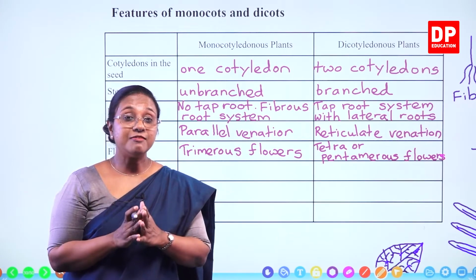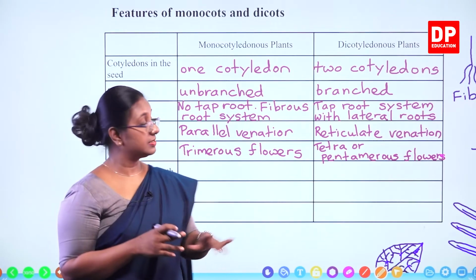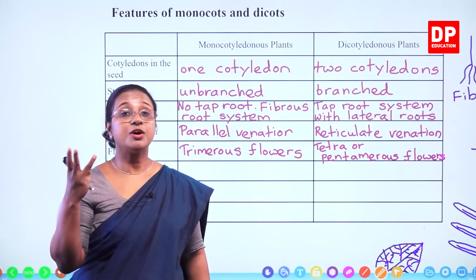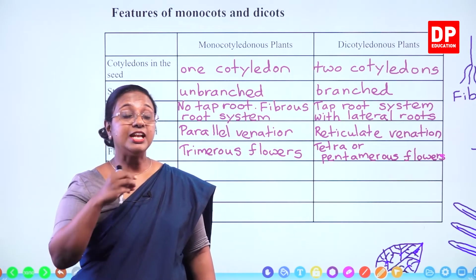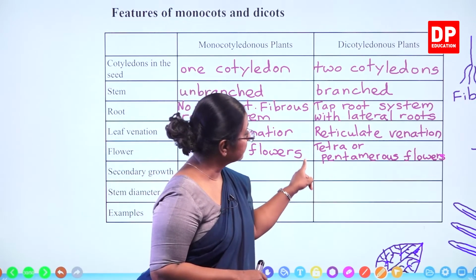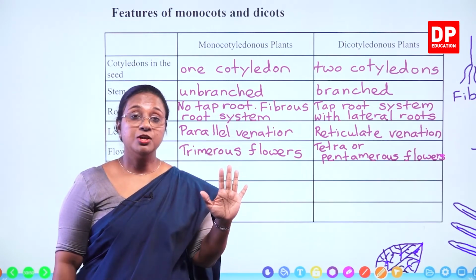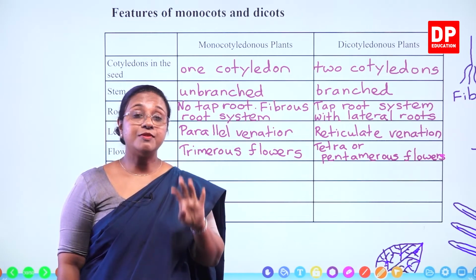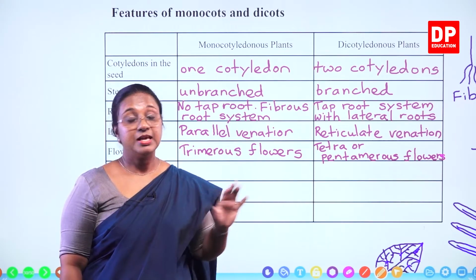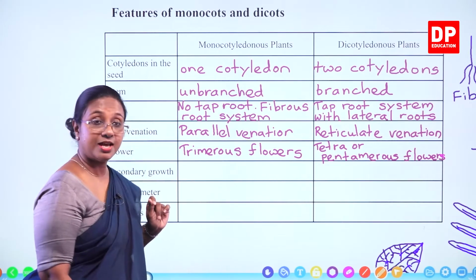If you take the flowers, they have the petals. If you count the number of petals, if it is trimerous, it's either 3 or multiples of 3. 3, 6, 9, like that you will have number of petals. Whereas in dicot plants, tetramerous means 4. Pentamerous is 5. So either 4 petals, 5 petals, or multiples of 4 or 5 petals. That's the difference between the flowers in monocots and dicots.